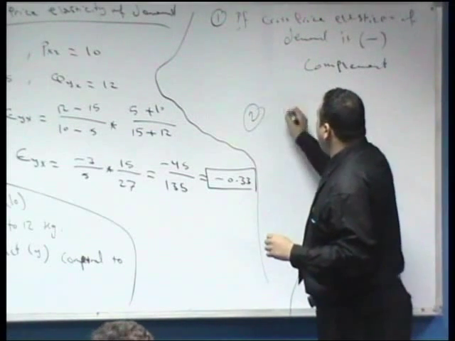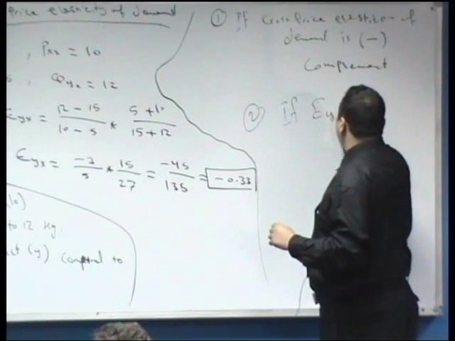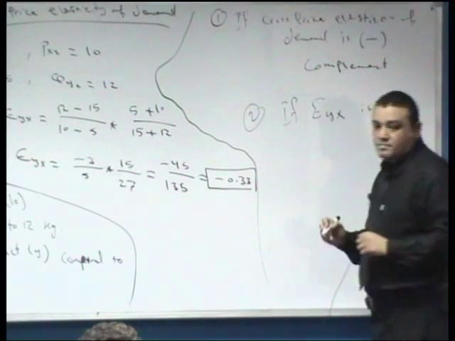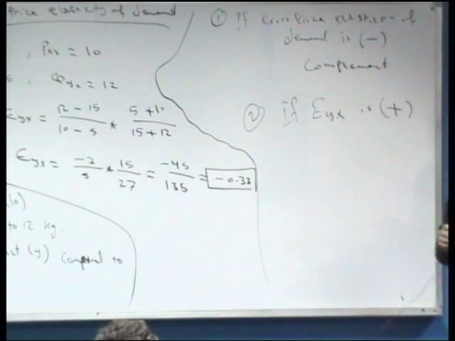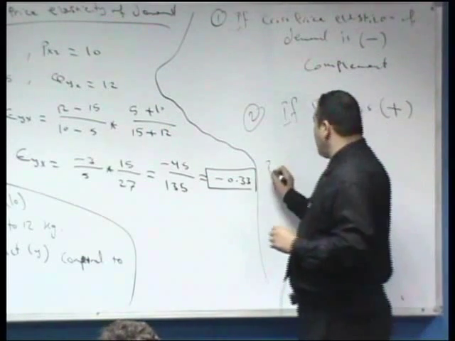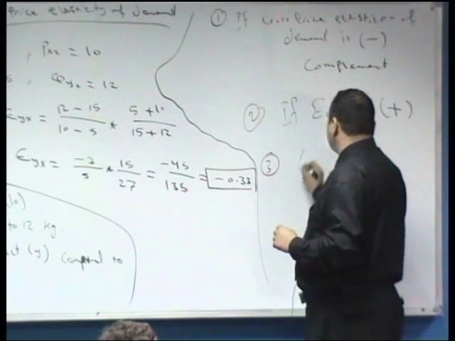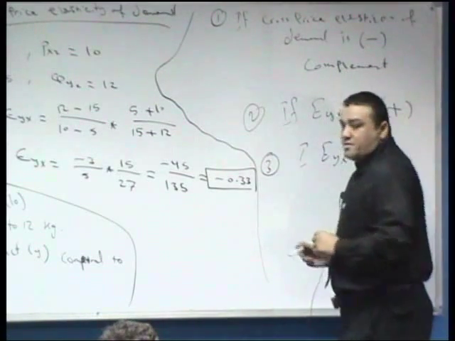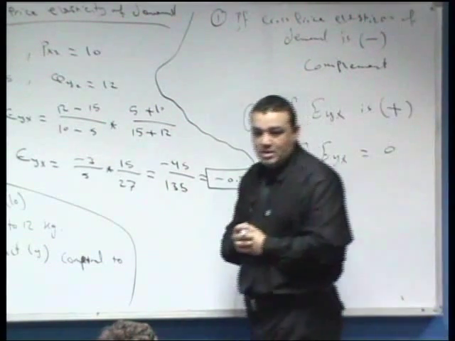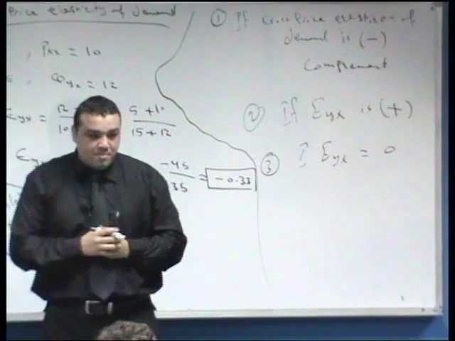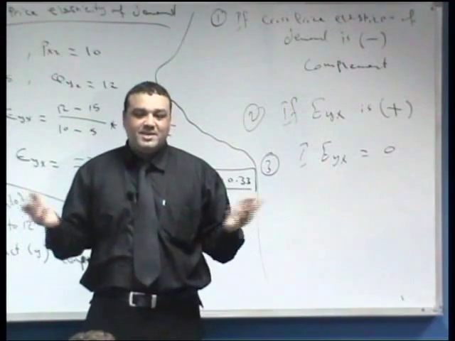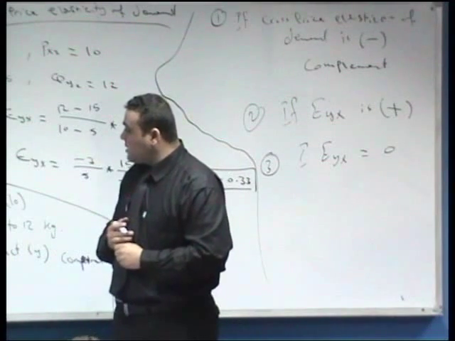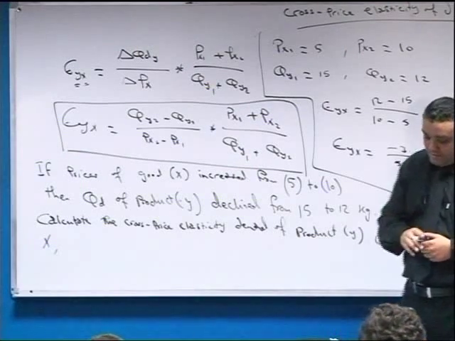Number two, if Eyx is positive, they are substitutes. The last case, if Eyx equals 0, there is no relationship between product X and product Y, so they are independent, right? Right. Let's take another example.